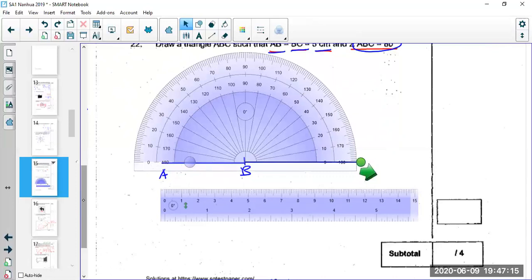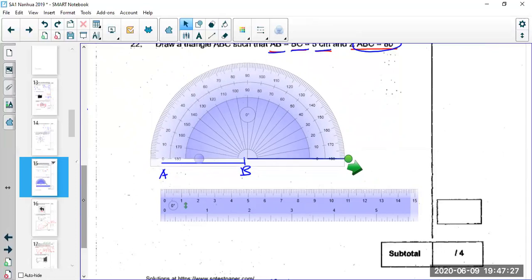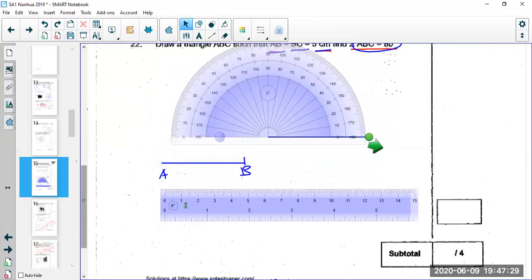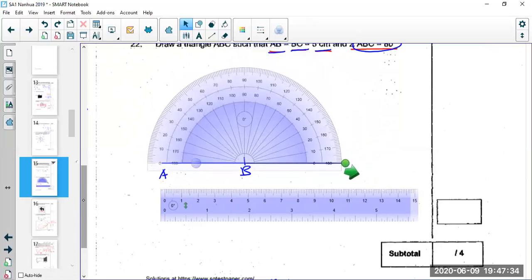All right, and then look for 80. Where's 80? Now be careful. Which 0 do you look at? Is it the left 0 or the right 0? There are 2 zeros on the protractor. You have to look at the 0 on the left side, because the line is on the left side. So you look at the 0 on this side, and 80. Mark out 80.